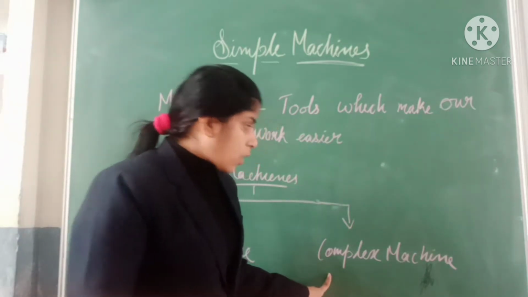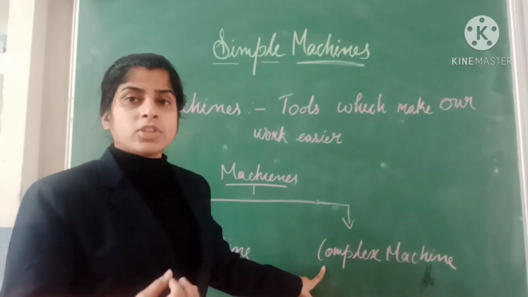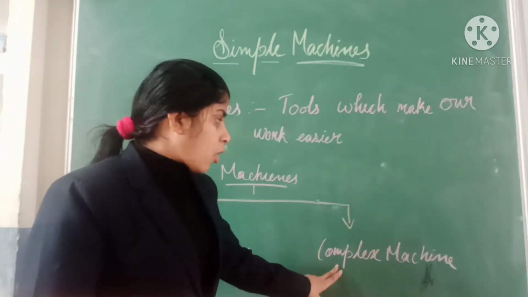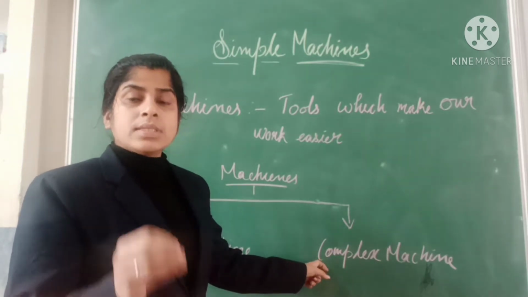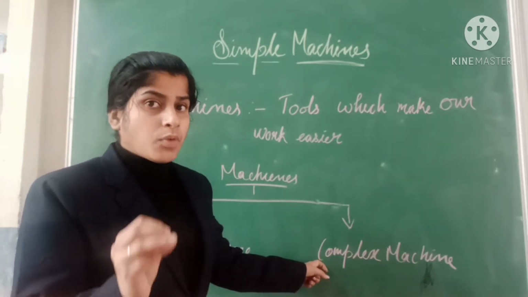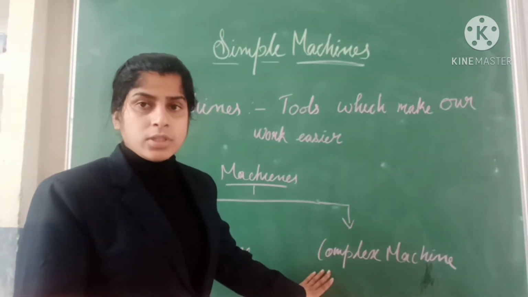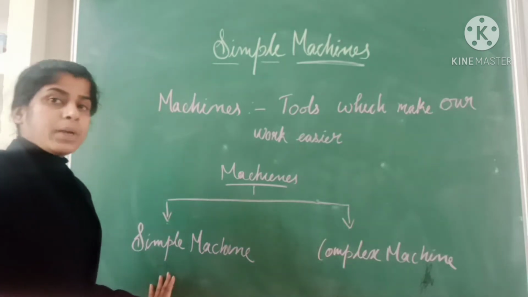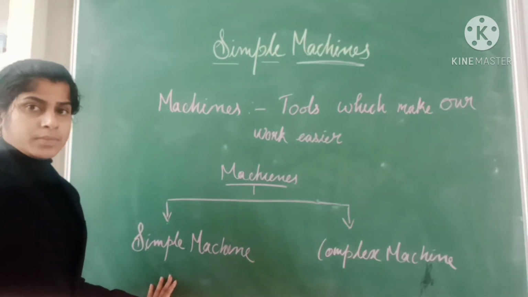A complex machine means one or more simple machines combined to form a complex machine. Actually, a complex machine is basically made of simple machines.